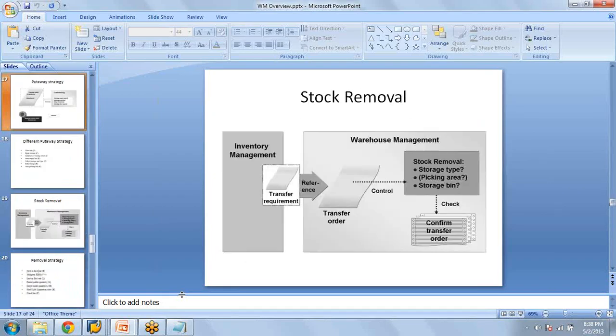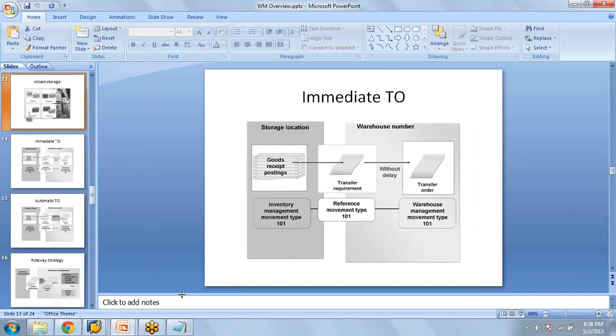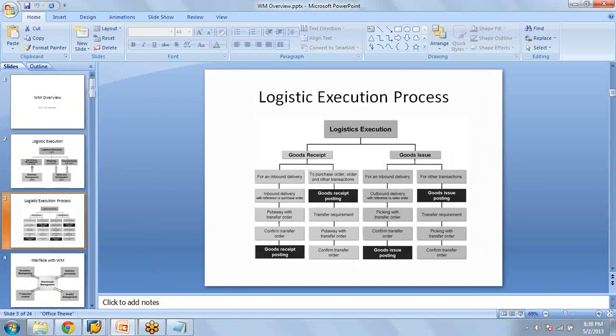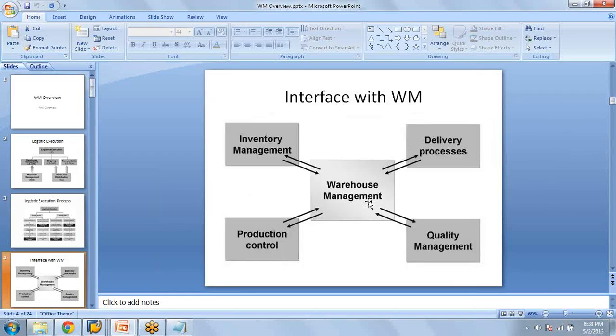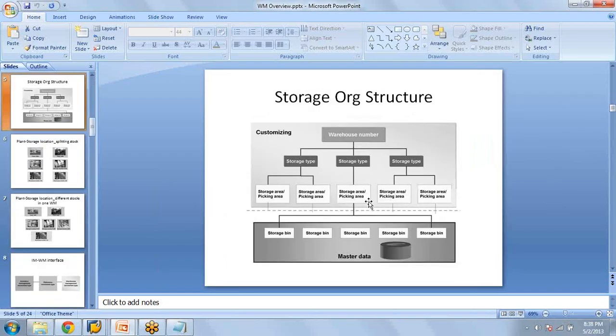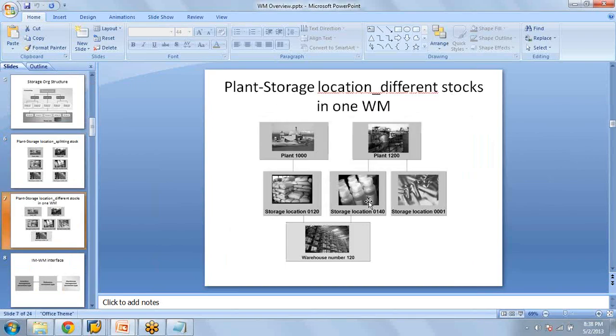You can have inventory management trigger warehouse management, or you also have the option of warehouse management triggering inventory management. It depends on the scenarios and processes you follow. I want you to remember that, that's what I told you.